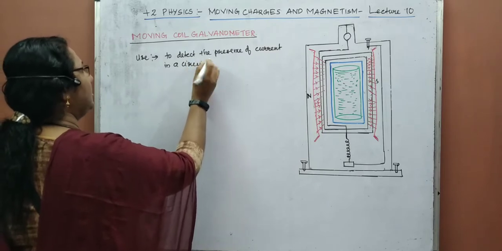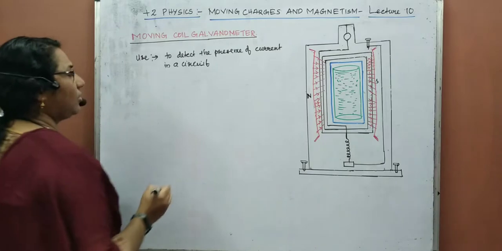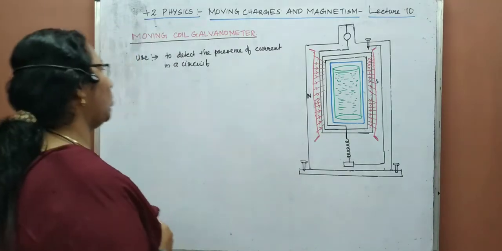And its name is correctly moving coil galvanometer. Why? Because the galvanometer consists of a moving coil.